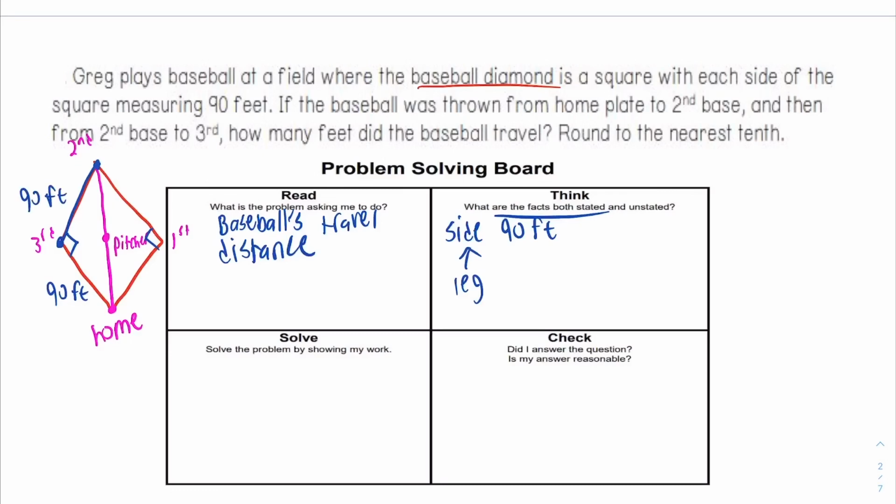And then this middle part is going to be the hypotenuse. A better word than just calling it the middle across is the diagonal. The diagonal cut. That's the hypotenuse.